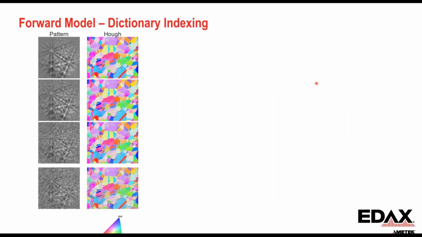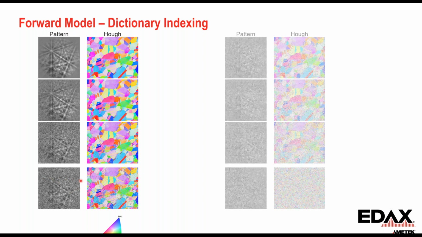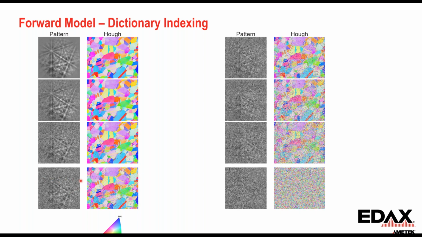So why is this important, and why do we use it? We look at the patterns here. This is the Hough-based indexing. As the pattern quality decreases, you can see that we get more noise in the EBSD results. This is just from the band detection. It starts to have more and more trouble as your signal to noise decreases. As it progressively increases, it gets to the point where the Hough is just finding noise. And so, I showed earlier things like NPAR can help improve signal to noise, but that comes with a spatial averaging effect.